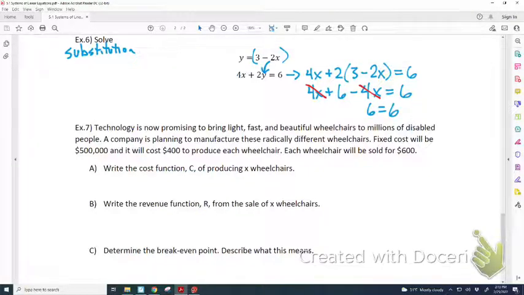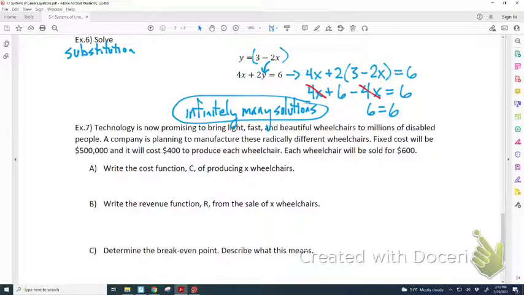Check your math, make sure you didn't mess up, and our answer is infinitely many solutions. This means that those two are really the same line. If you look closely, I think that second equation is a double of the first. Like they multiplied every number by 2 and they got that second equation.